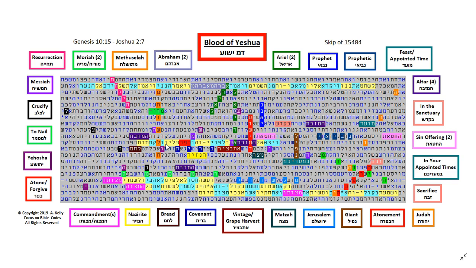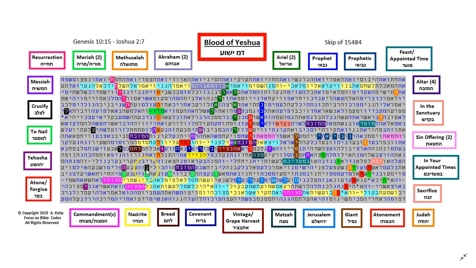That's Leviticus 16, verse 18. Within that verse, there's atonement in the red. Atonement is here in the red. Then we have crucify here in the black.